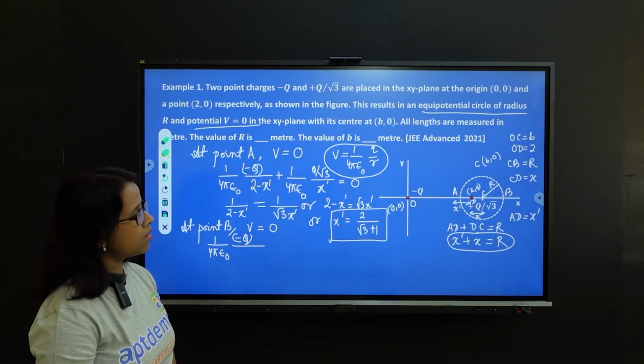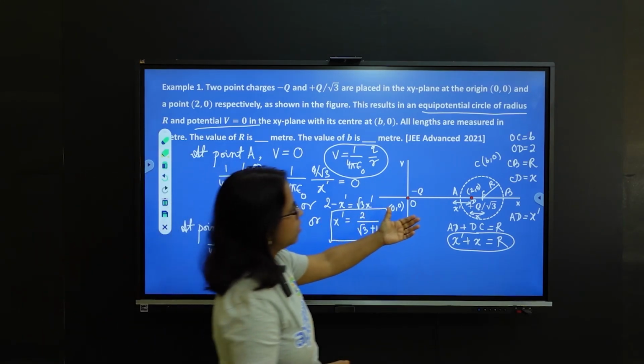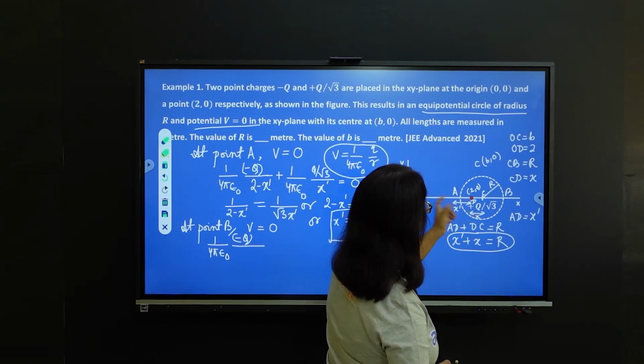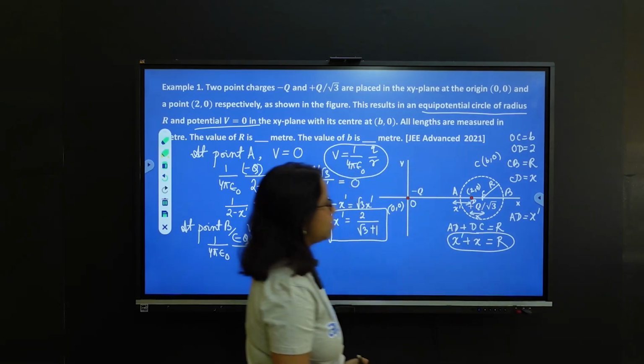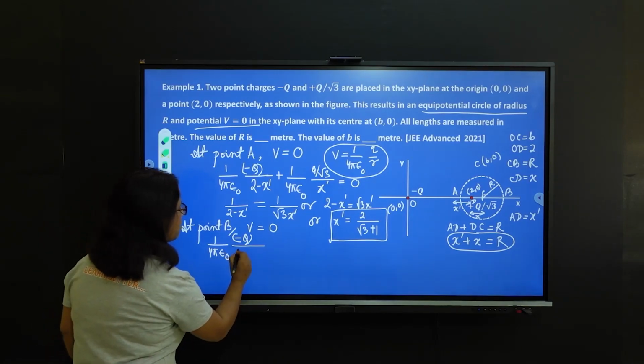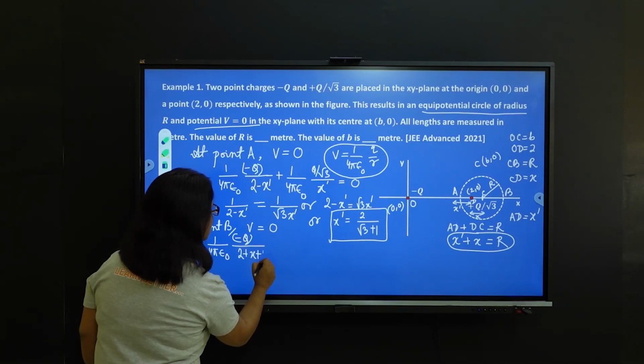Now B is nothing but again equal to, this was equal to 2, and we had x here. So we may write this as B plus R, or it will be better for us if we write it as 2 plus x plus r.